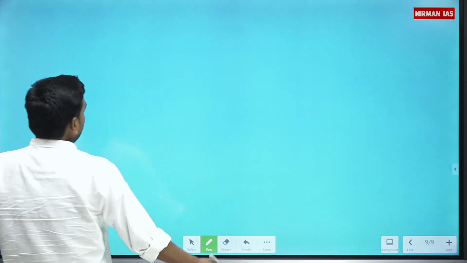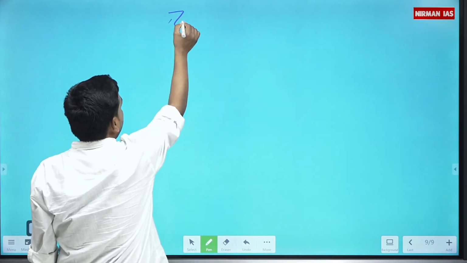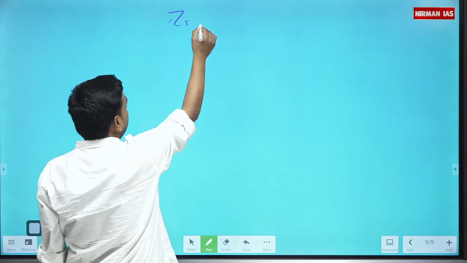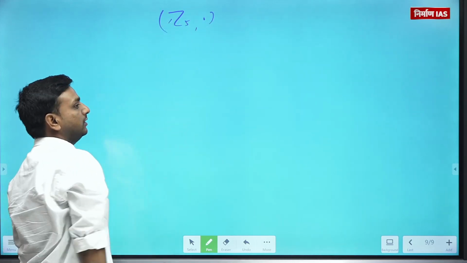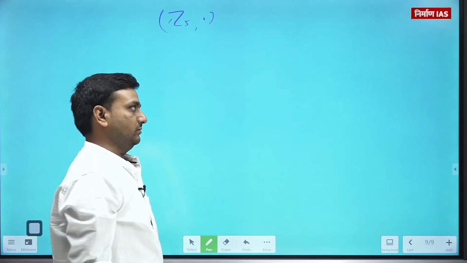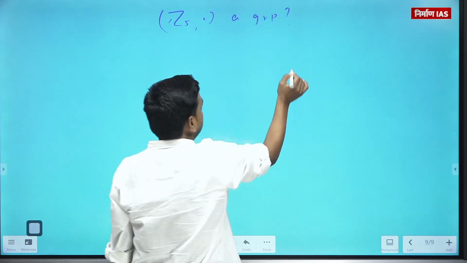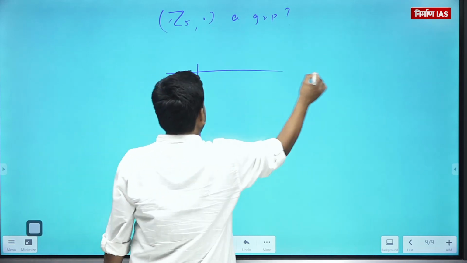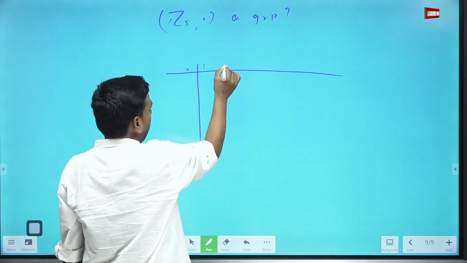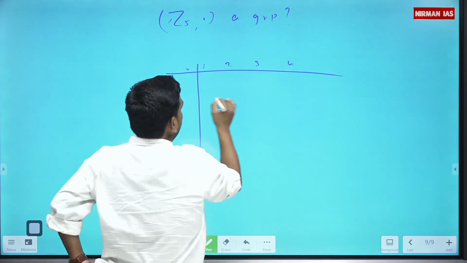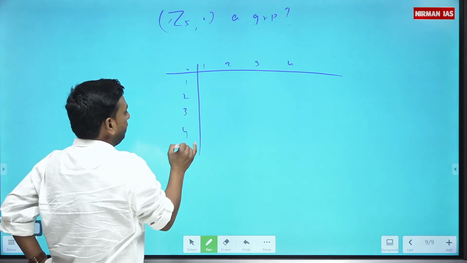So now I want to check whether Z5 with this composition forms a group or not. For that, I will just make a composition table 1, 2, 3, 4, 1, 2, 3, 4.